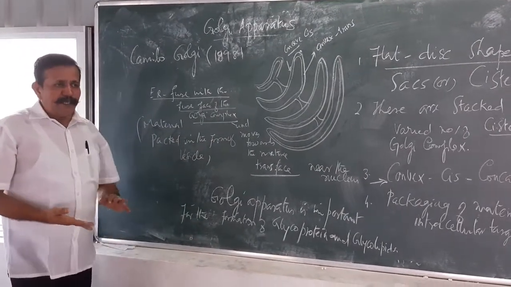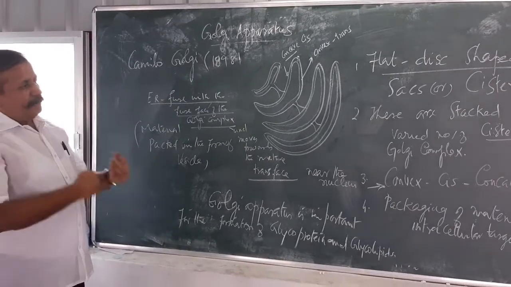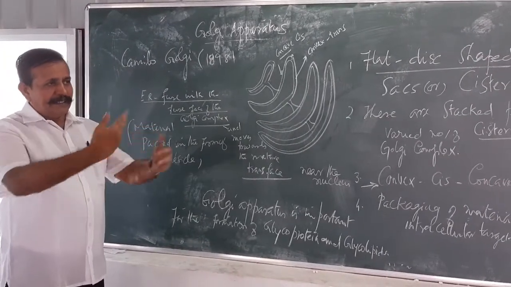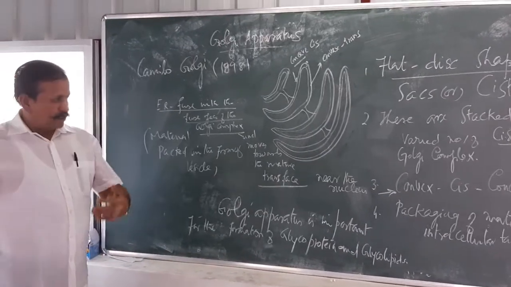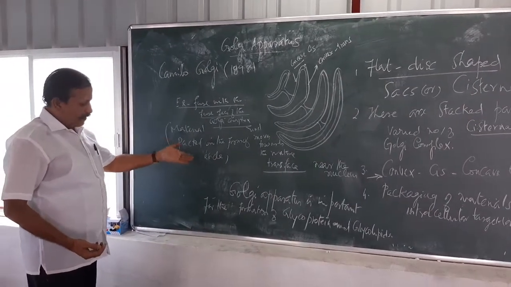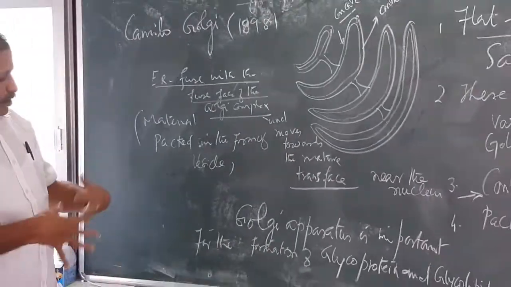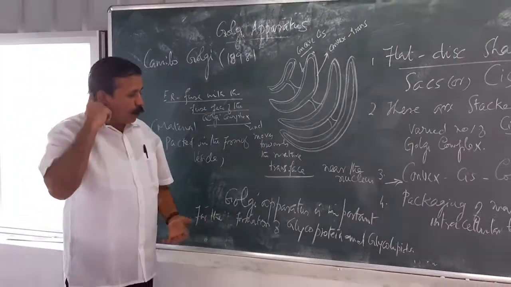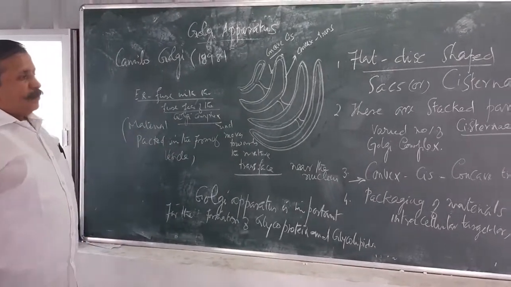After the formation of protein with the help of a ribosome, the proteins are completely packed and delivered through intracellular transportation or extracellular transportation, and that material is packed in the form of vesicles. And another important function of the Golgi apparatus is the formation of glycoproteins and glycolipids. These are all very important. Okay, that's all.